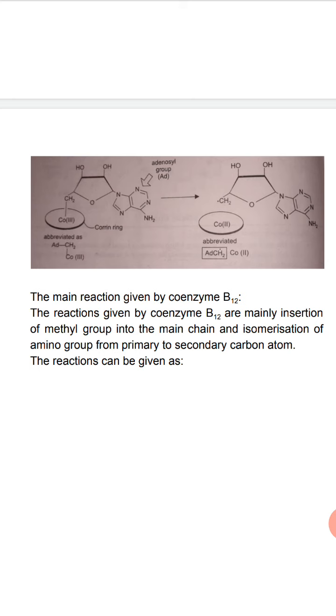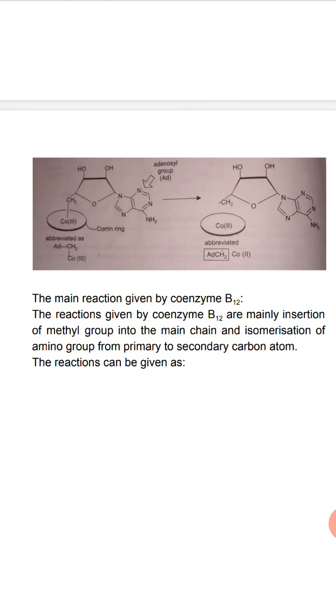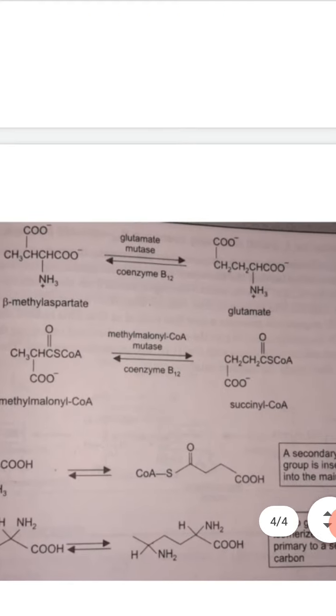These are the two main reactions: methyl groups come in between two carbon atoms, and there is isomerization of an amino group from a primary to a secondary carbon atom.